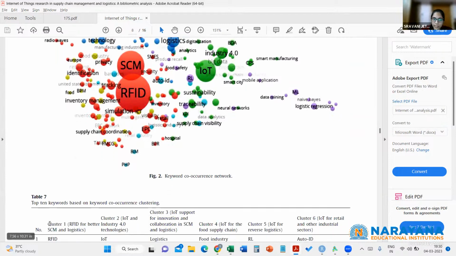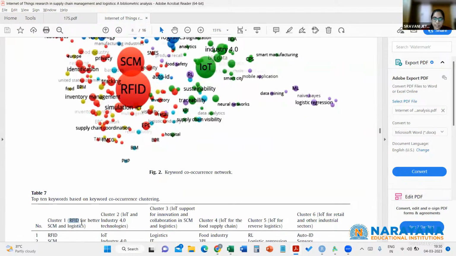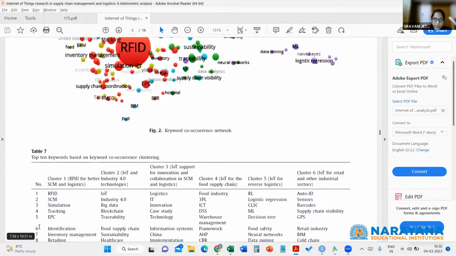In this case, there are 6 colors being represented. Cluster 1: they have named this cluster RFID for better SEM and logistics. Similarly, these are the keywords in that particular cluster, and this cluster talks about RFID. And this cluster is about IoT and Industry 4.0 keyword technologies.